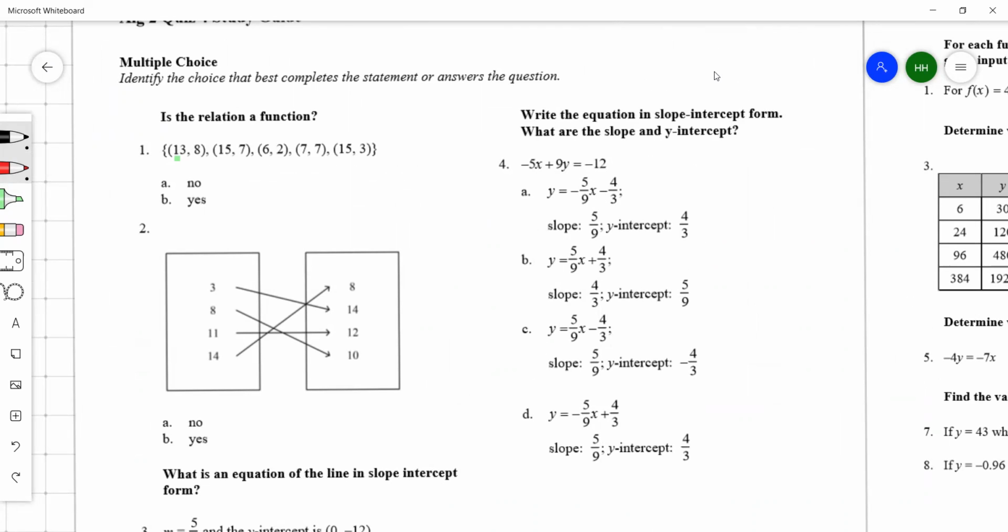And then look, you got a 15 here and a 15 here as inputs, right? One time you get a 7 as an output, one time you get a 3 as an output. Does that work? It doesn't work. All right, your definition of a function is in your notes. So if you need it, look at it.